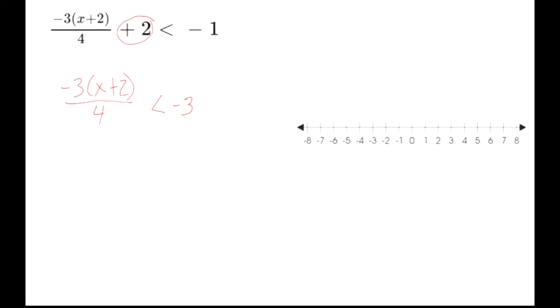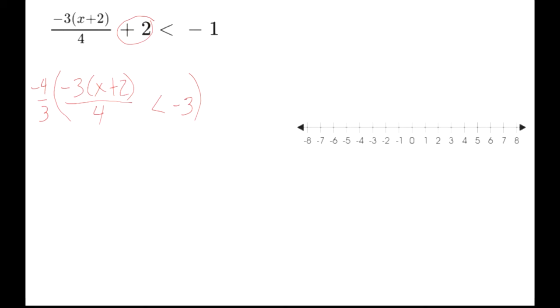Now, one thing that I can do to kind of save me a step is this right here, the problem has a negative 3 over 4. I can get rid of that by just multiplying by the reciprocal. So I could multiply both sides by negative 4/3.